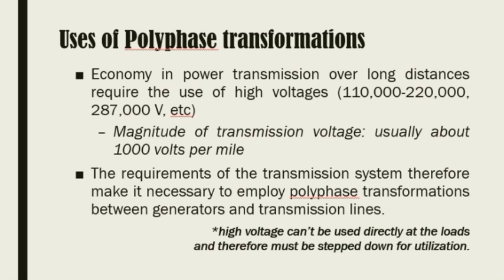So the requirements for the transmission system therefore make the use of polyphase transformations a necessity between generators and transmission lines. Take note, high voltage cannot be used directly at the load and therefore must be stepped down for utilization. For the next slide.